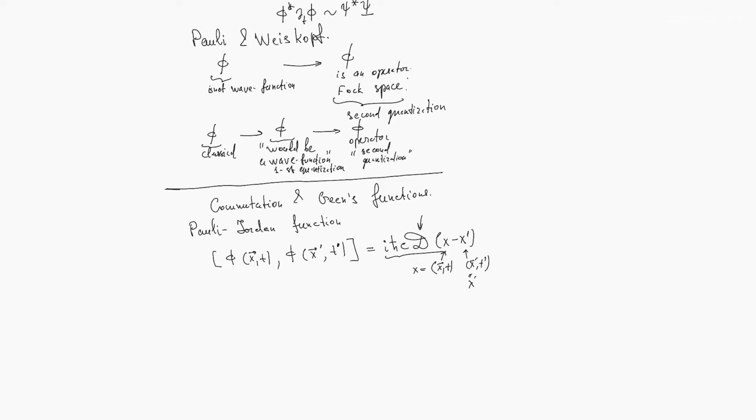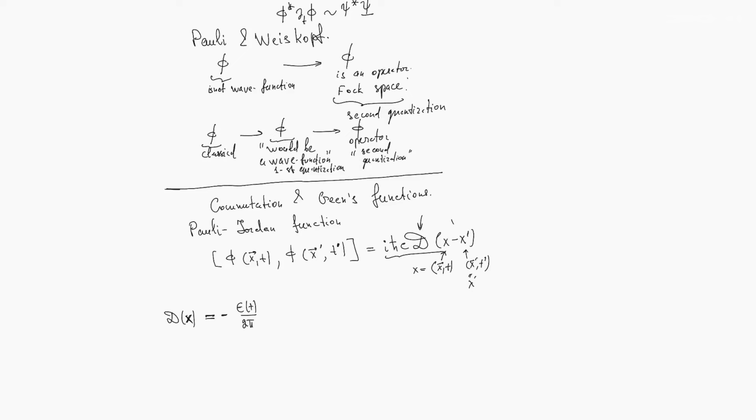Before I do the derivation, I sketch it and write an explicit form of what we are going to find. Since D(x minus x prime) depends on one argument, I can write it as D(x). That's the unique argument of D. And what we are going to show is that this function is explicitly given by the following formula. Epsilon of t divided by 2 pi. I will tell you what this epsilon of t is.